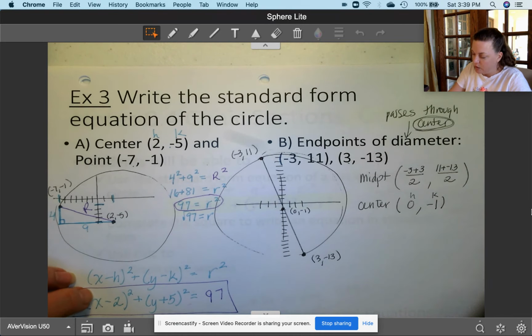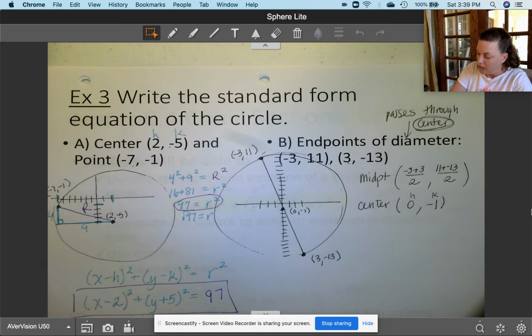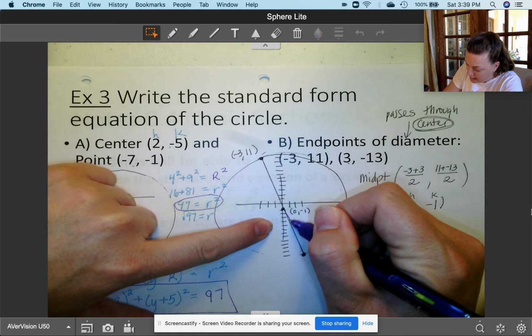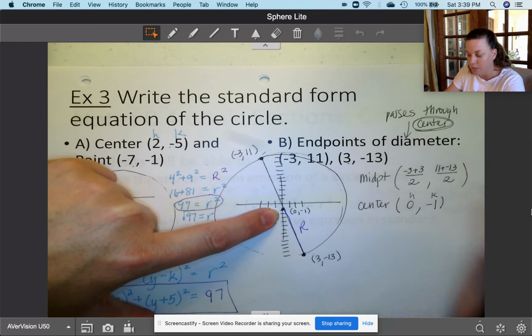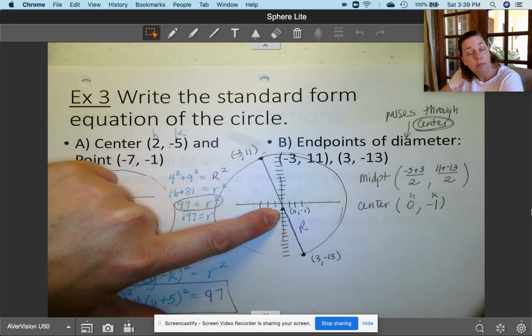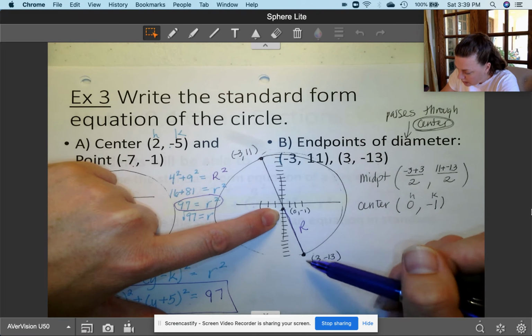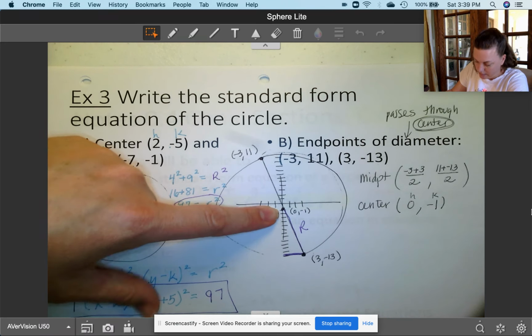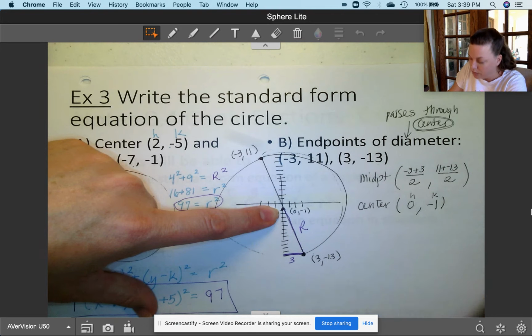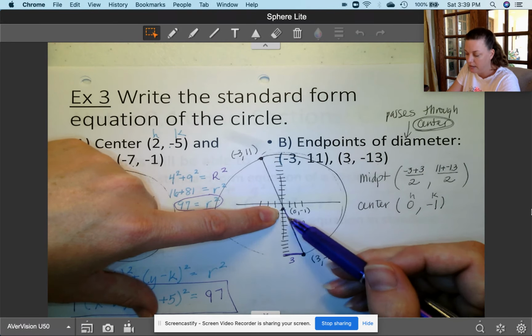I'm going to go ahead and use that because I can then see that this now is my radius. And I could use this part or I could use this part. They should be identical. In fact, that'd be a great way to double check that you did it right. I'm going to do the same thing here. I'm here at 3. I'm going to go horizontally. And then to do that, I'd have to go 3 units horizontally back to 0.